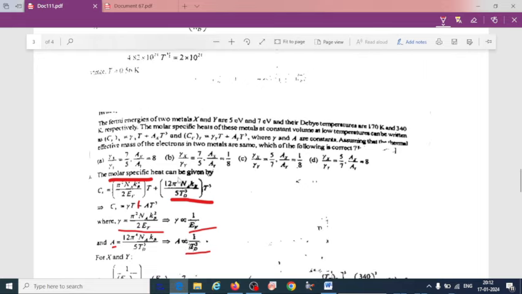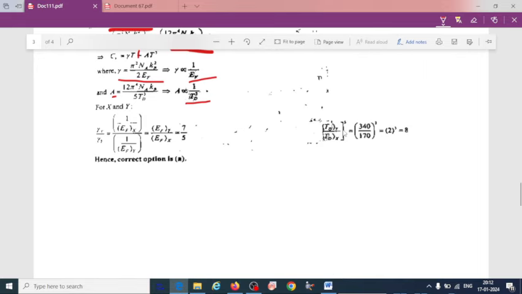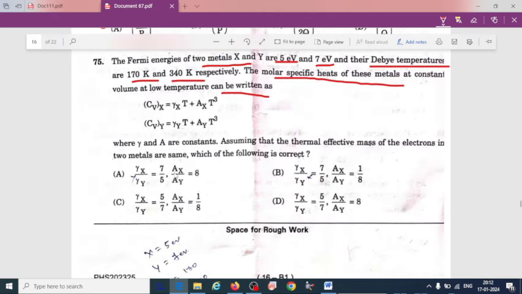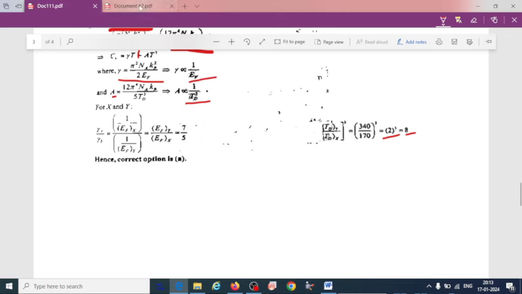And if we take the temperature ratio of the two metals, the ratio is 340 divided by 170. If we evaluate it, we will get 2 to the power 3, that is 8. So option A, 7 divided by 5 and 8, is correct here.